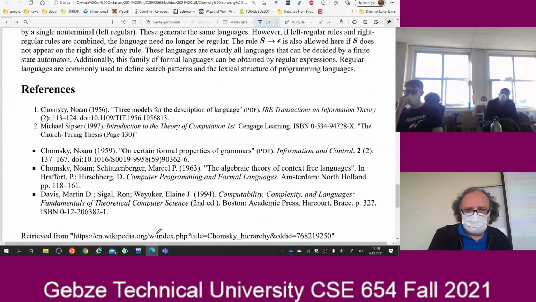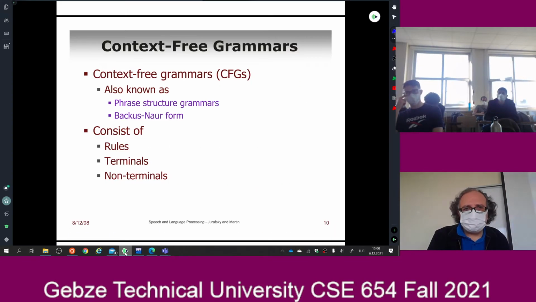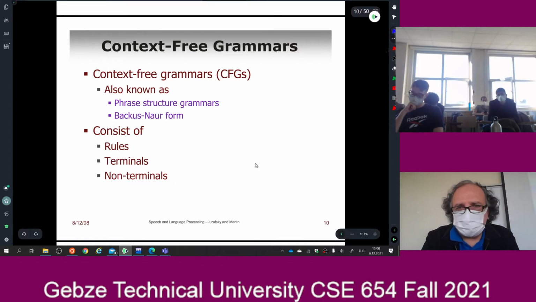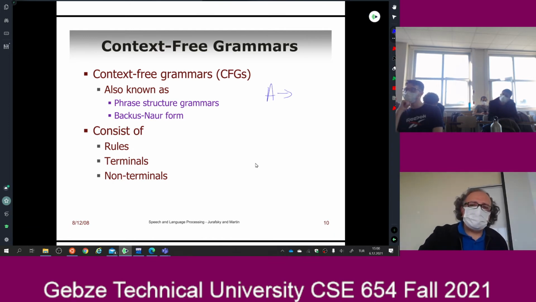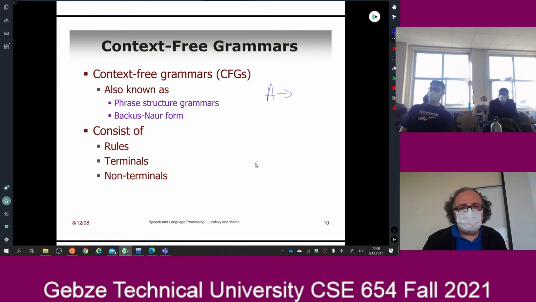So let's go back to our slides again. We are going to do the context free grammars. On the left side you are not supposed to have anything other than a non-terminal. On the right side you can have anything that you like.